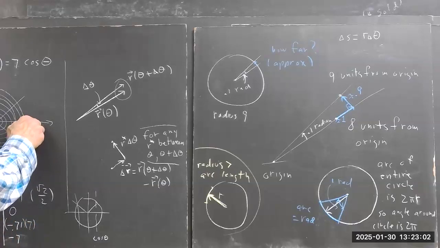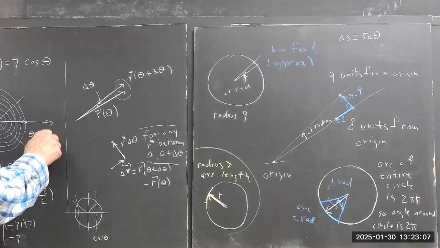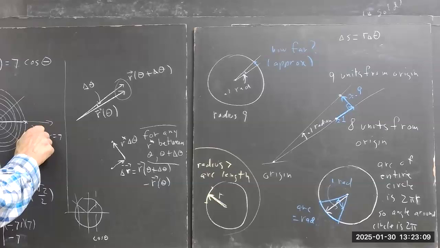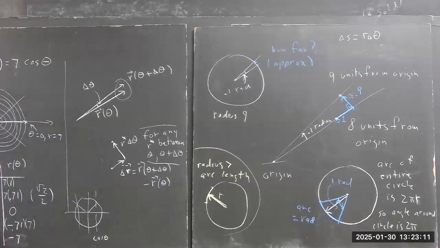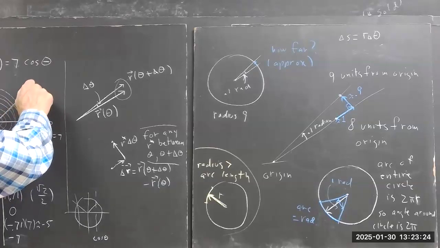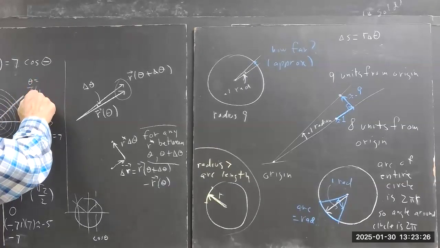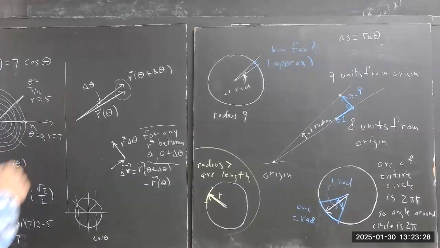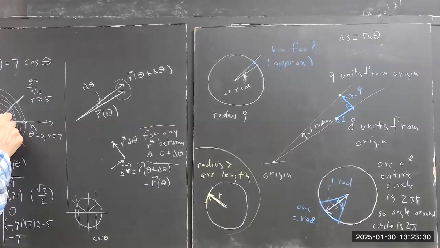That means you're here. On pi over 4, it's about 5. So we go out 1, 2, 3, 4, 5, and there's a point.